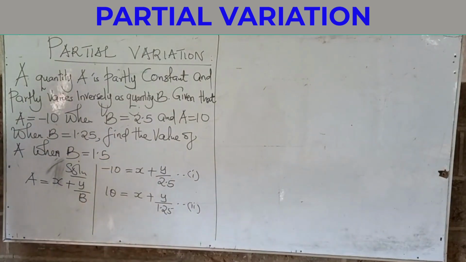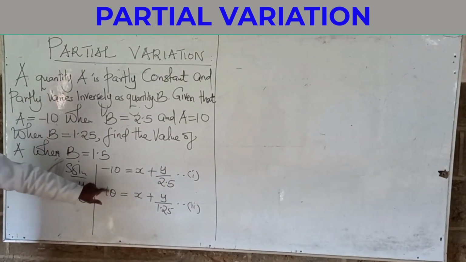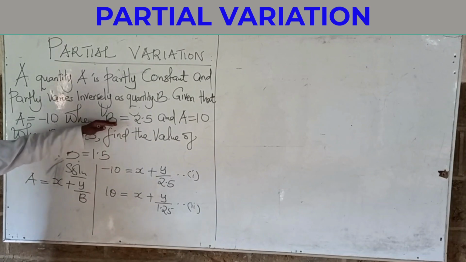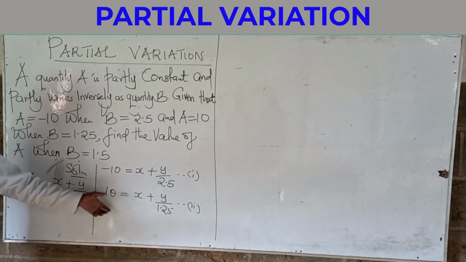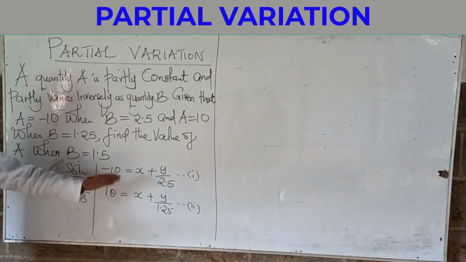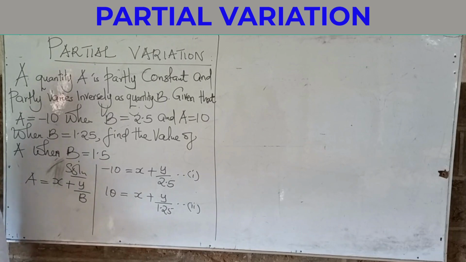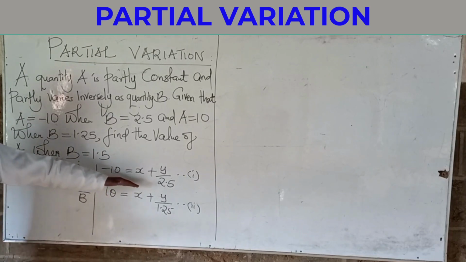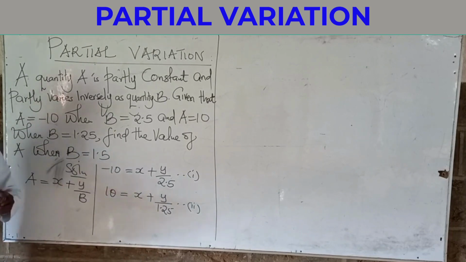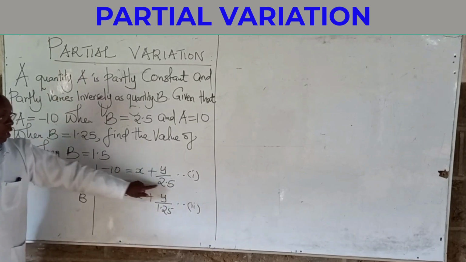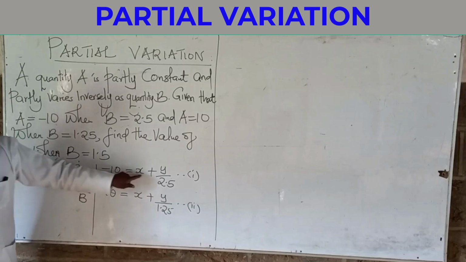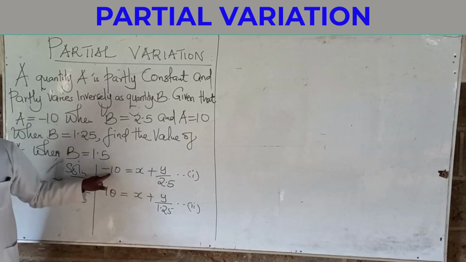So now you have two equations, but you need to simplify. We have substituted the values, and now we need to simplify these equations and solve them simultaneously in order to get the constants X and Y. I will do this by multiplying the first one to remove that denominator 2.5. I multiply each term by 2.5 to get rid of that denominator.